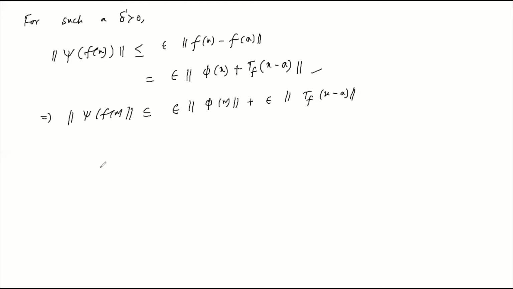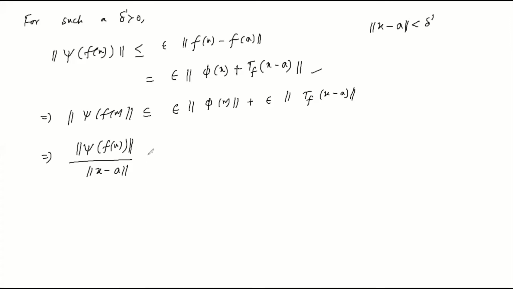Now this implies the norm of psi of f of x over norm of x minus a. All this happens when x minus a has norm less than delta prime.